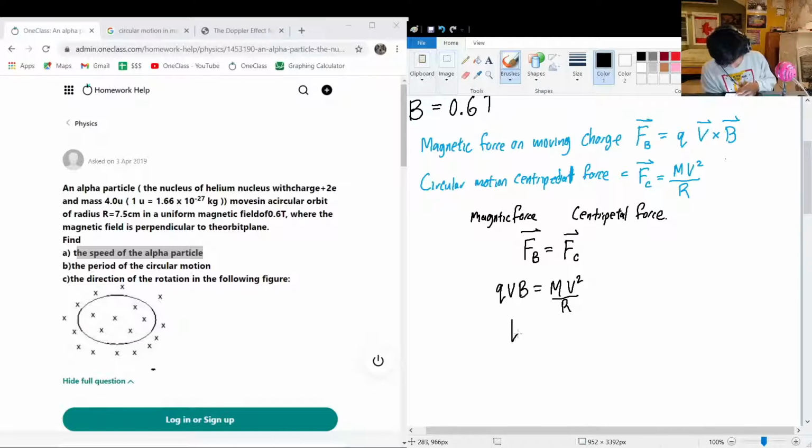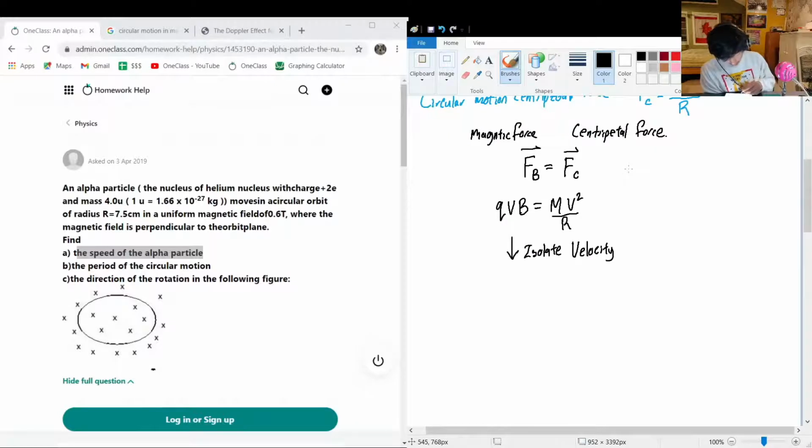Okay, now we're trying to isolate velocity. Let's just isolate the velocity.